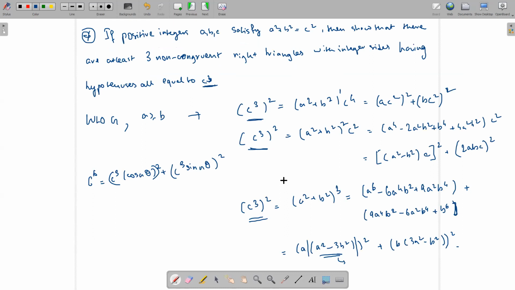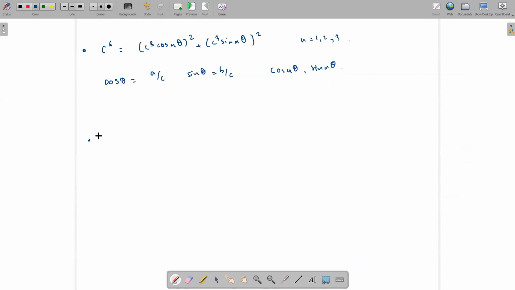What about the GCD of the sides of the triangles? There are different powers of c, right?